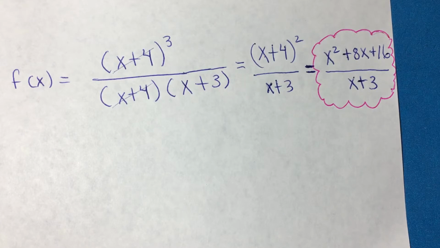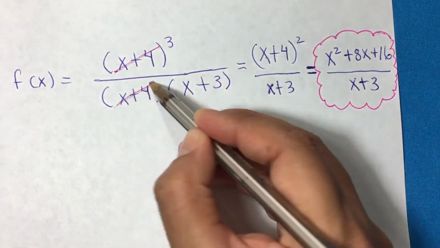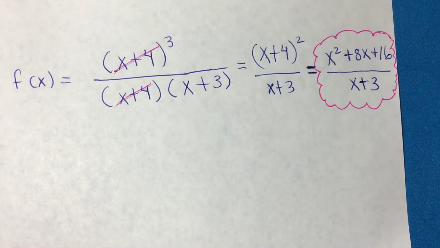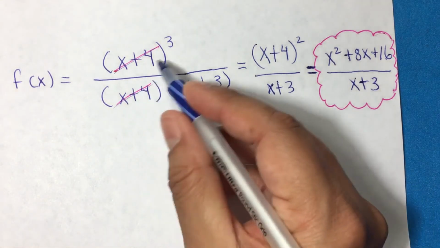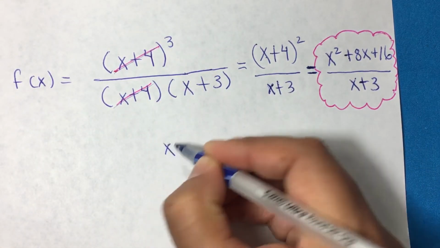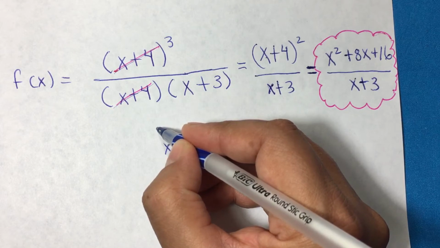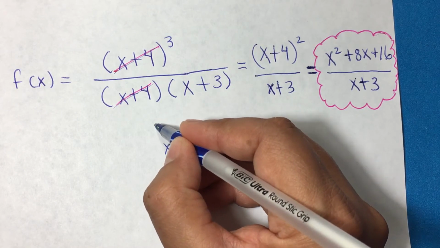The only other thing that we need to do is, because we canceled one of the factors, that means that if we were to graph this function, it would create a hole. And again, we're not graphing today, but let's go ahead and find that hole or removable discontinuity.